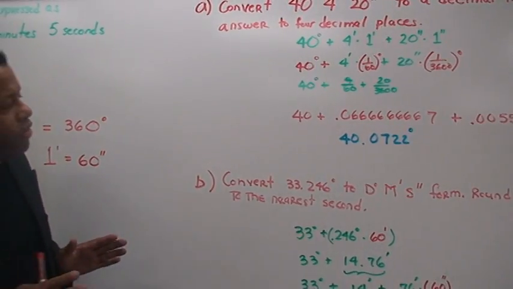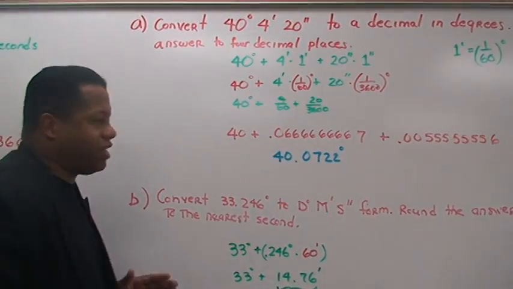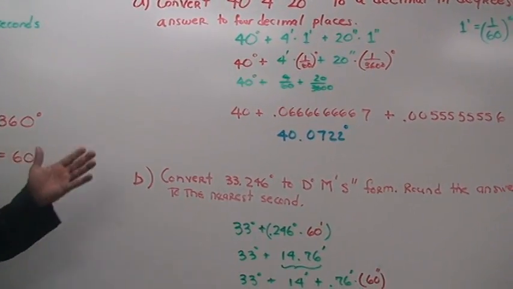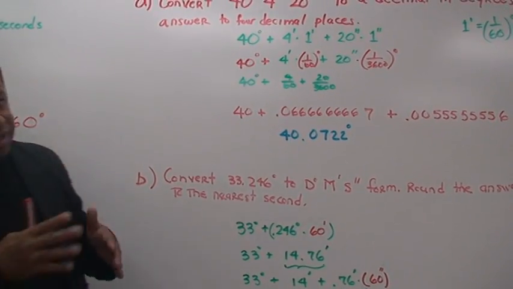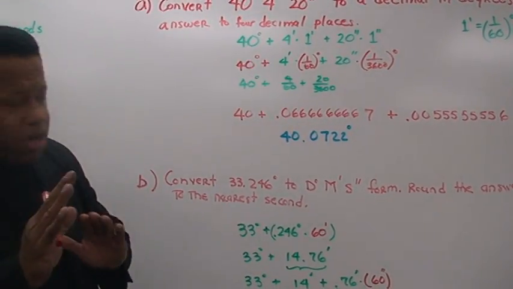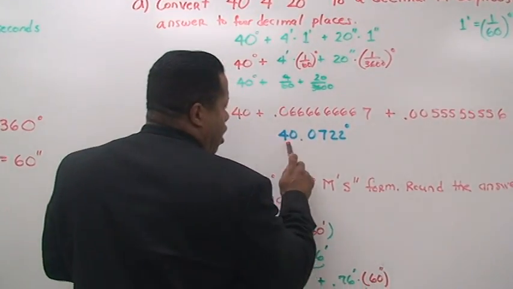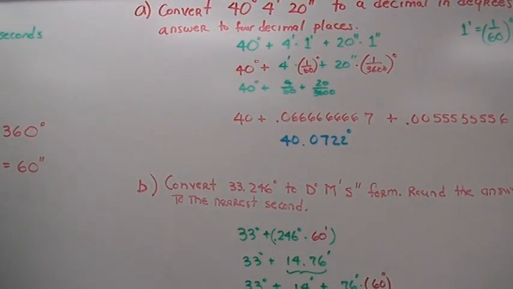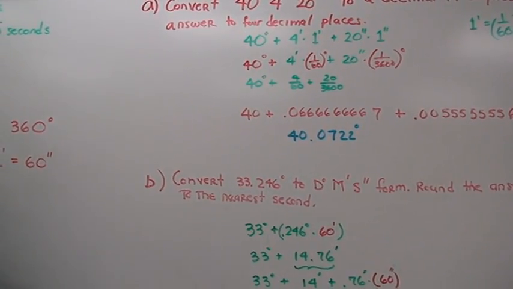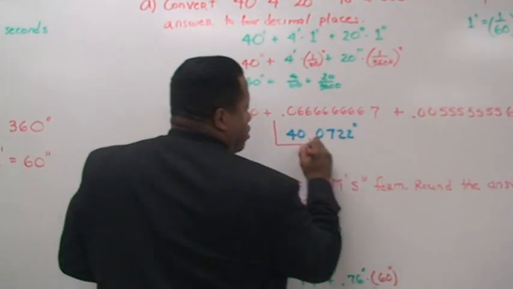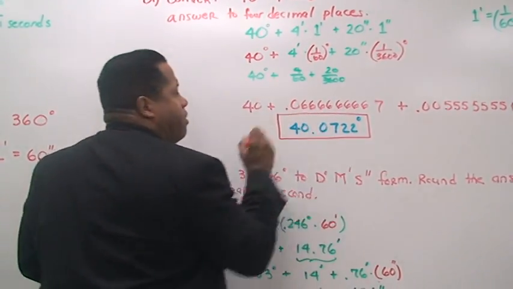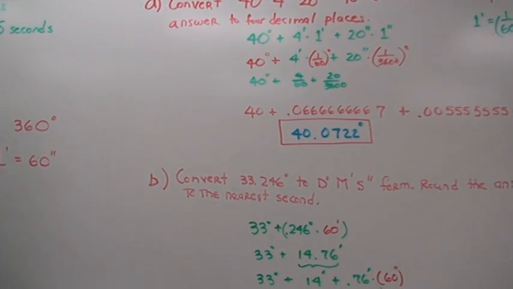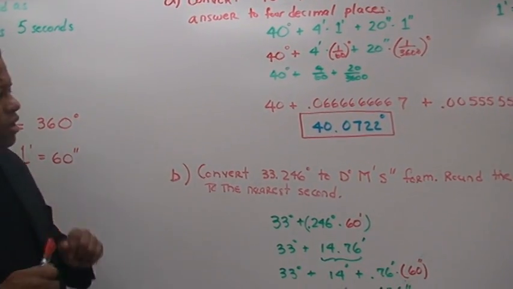So with all this, of course, it's not the exact, but a close approximation, I get 40.0722. So this is very important: be careful of your mathematics and your simple arithmetic. It's very, very important. Let's do another problem.